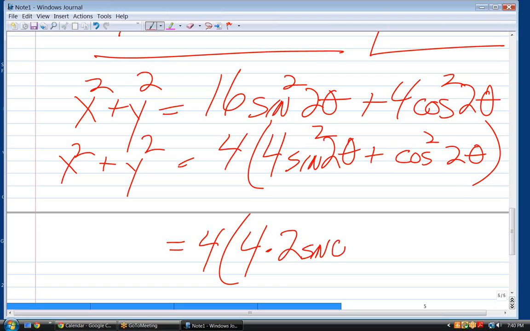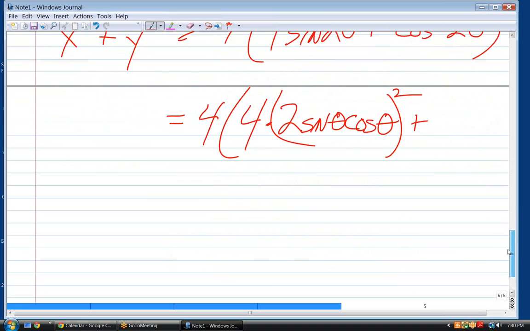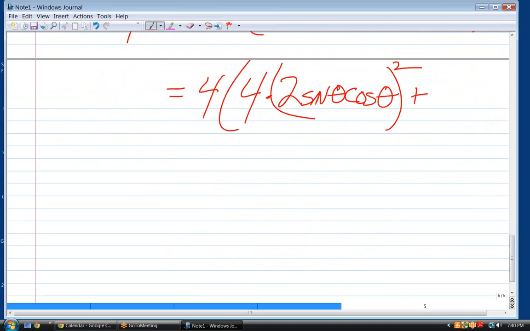And the cosine squared can be written in one of three different ways. Which way am I going to want to write it? Probably it's cosine squared theta minus sine squared theta.